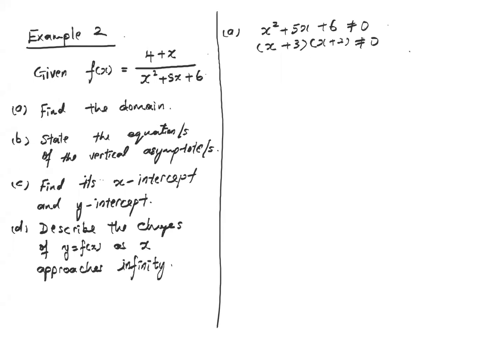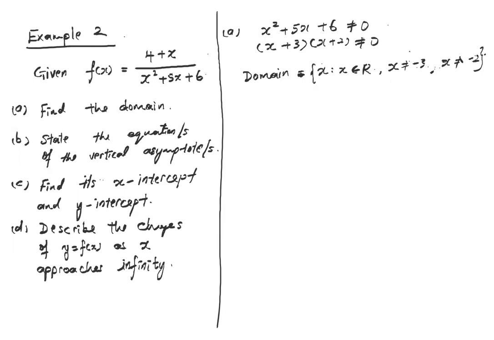So therefore, the domain is equal to x, where x is a member of the real numbers, x cannot be equal to -3 and x cannot be equal to -2. So there are 2 vertical asymptotes. Are you clear?